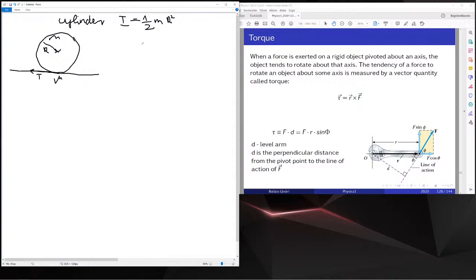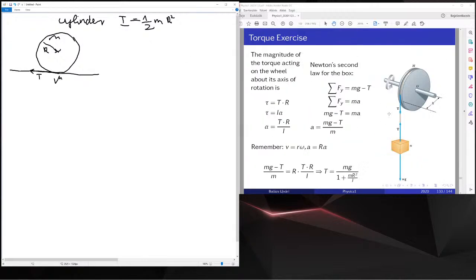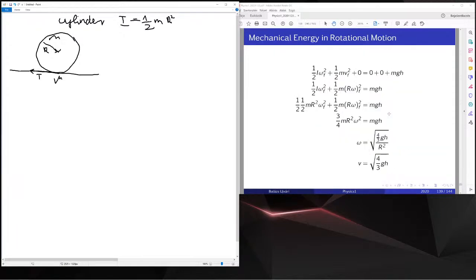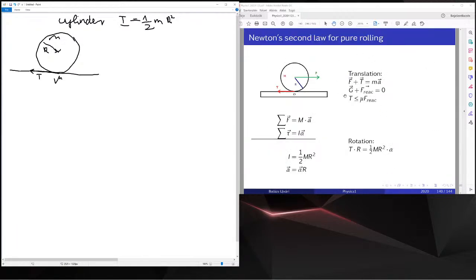What equations can we use? There are equations for translation and rotation. For translation, technically, the net force equals m times a. The net force here, of course, this is the x-axis, so on your right is the positive direction.